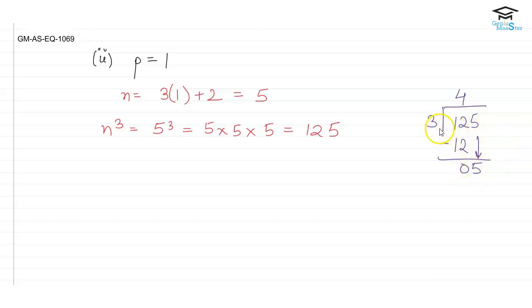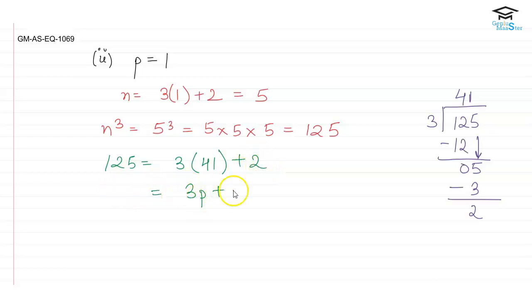So it gives 41 as quotient and 2 as remainder. So we can write 125 as 3 into 41 plus 2. So it is of the form 3p plus 2. So here we can see that n is of the form 3p plus 2 and n cube, which is 125, is also of the form 3p plus 2.